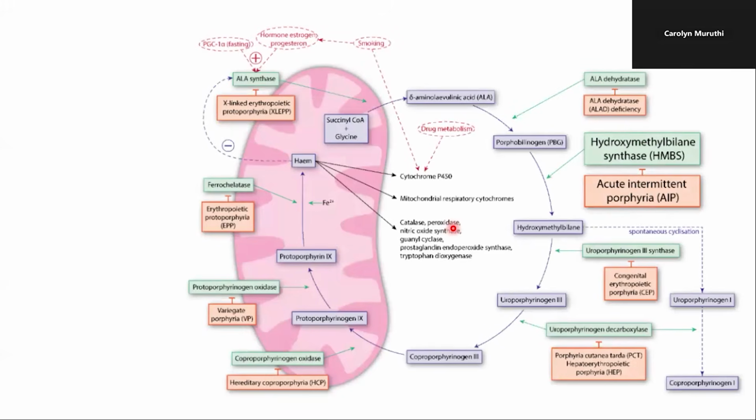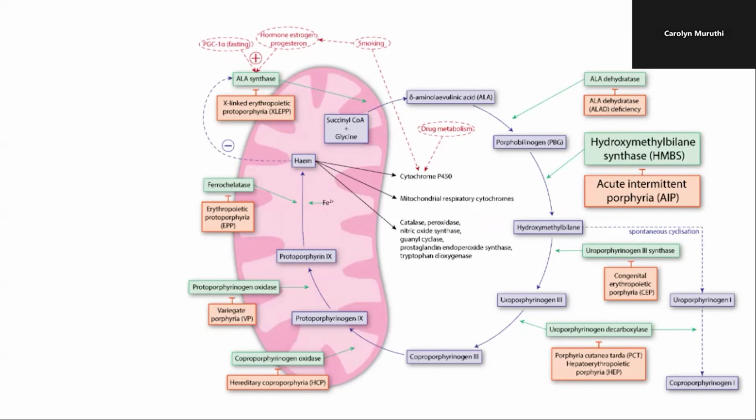Here is a summary of the heme synthesis pathway together with various porphyrias associated with this pathway. So as we said earlier, some reactions or steps will occur in the mitochondria and also the cytosol.